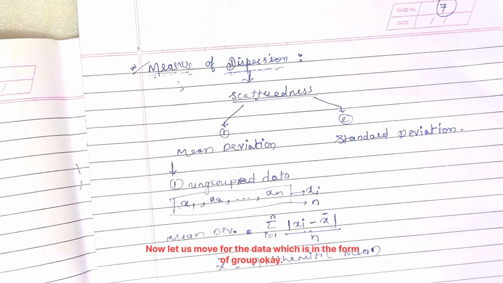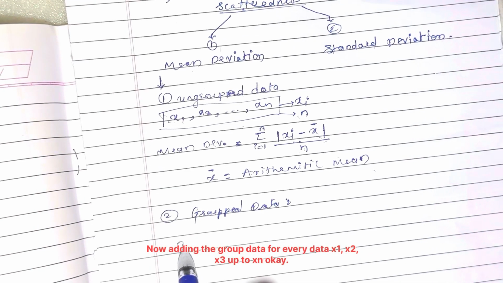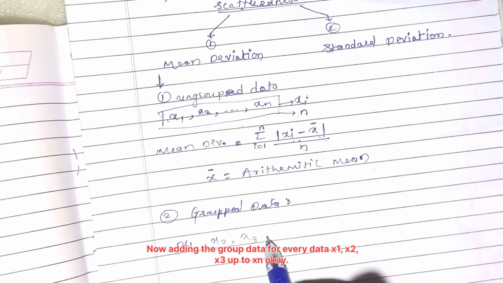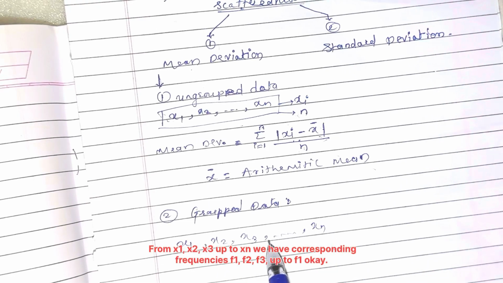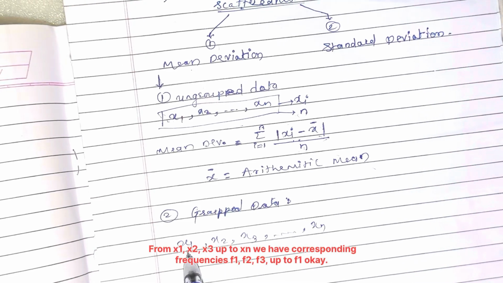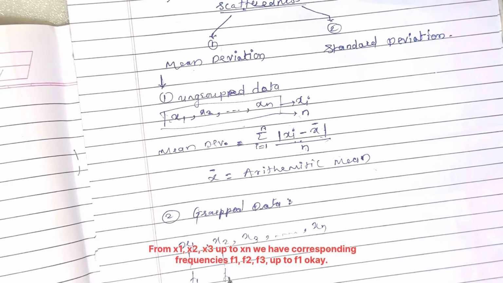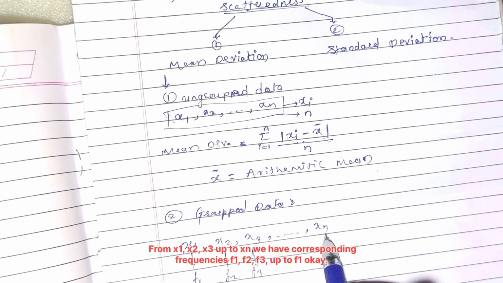Now let's move to data in grouped form. For grouped data, for every value x1, x2, x3 up to xn, we have corresponding frequencies f1, f2, f3 up to fn.